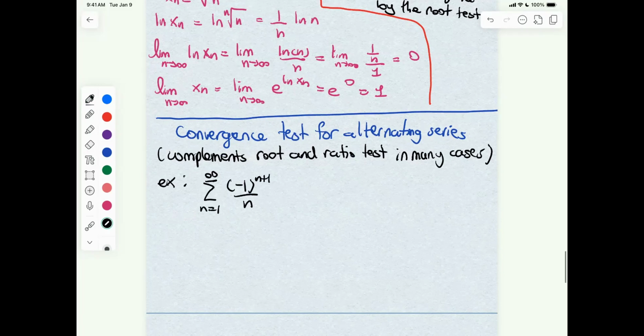So this would be 1 minus 1/2 plus 1/3 minus 1/4 plus 1/5 minus 1/6, and so on.